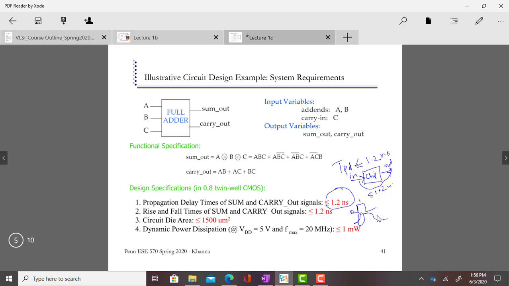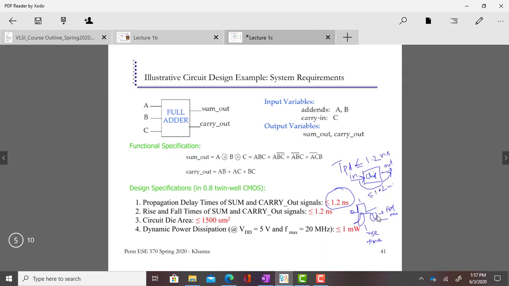This is called the rise time, and this is called the fall time. So the user wants the signal to rise in less than 1.2 nanoseconds from 0 to 1, and fall in less than 1.2 nanoseconds from 1 to 0.